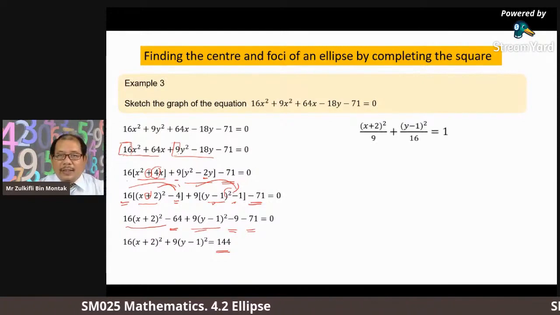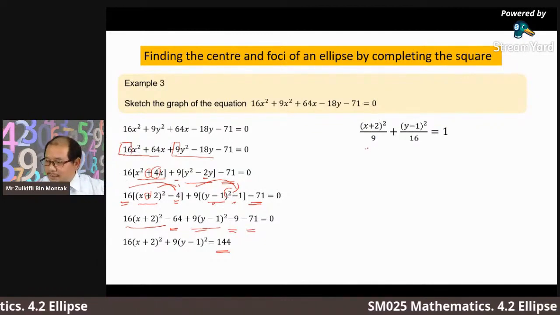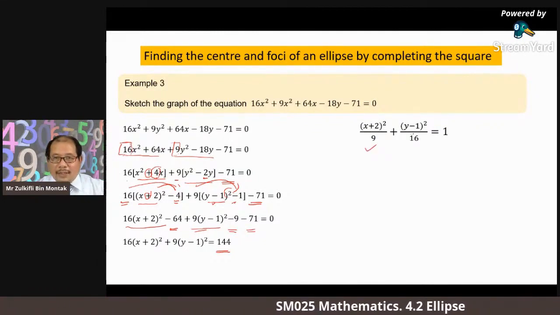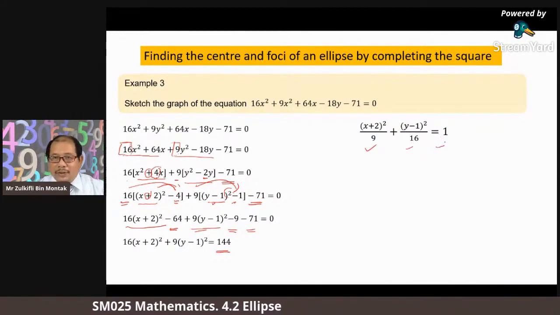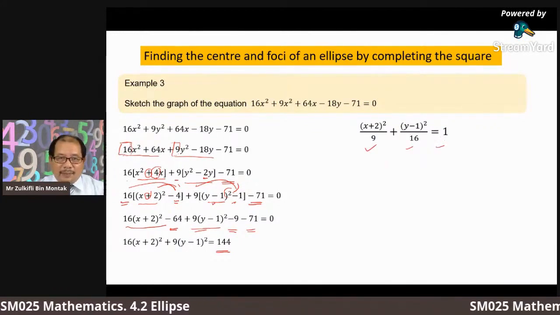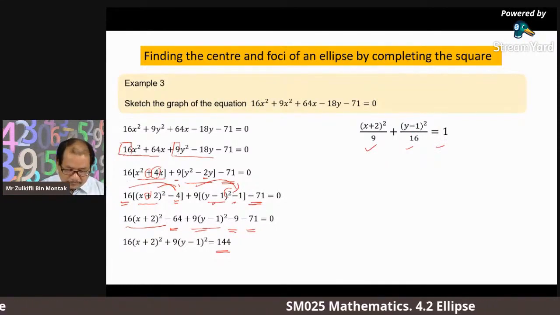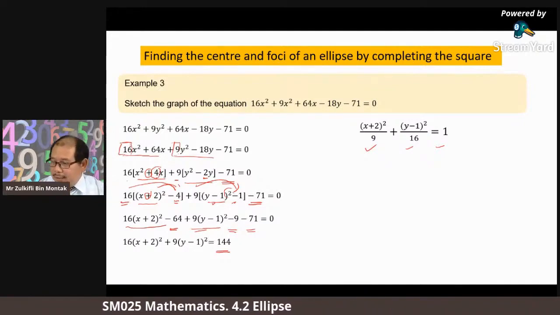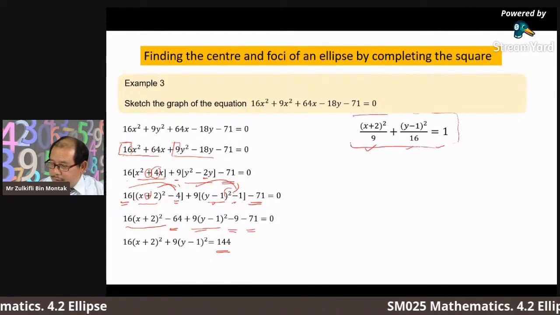So you get (x plus 2) squared over 9, and then (y minus 1) squared over 16 equals 1 after we divide both sides by 144. Okay, this is the equation for the ellipse.